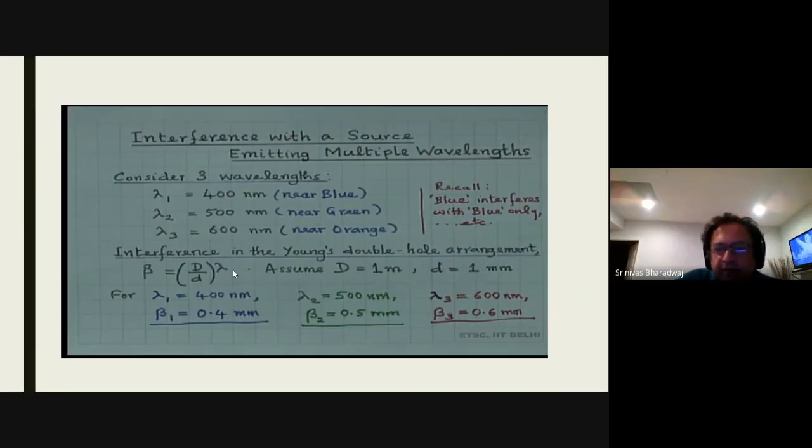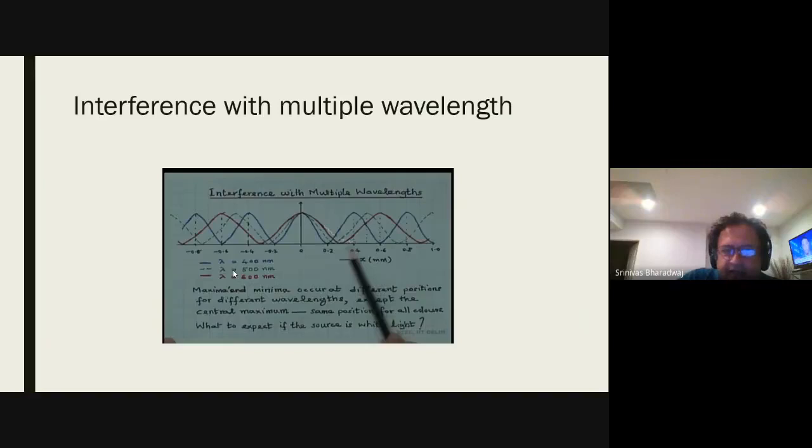Basically, you have the laser having multiple source wavelengths, and these wavelengths will only interfere with themselves. So if you had a 400, a 500, and a 600, the 400s will have their own beta, the 500s will have their own beta, and the 600s will have their own beta, right? And you will have a corresponding ratio, right? Therefore the interference will be separate between the various types of wavelengths, right?